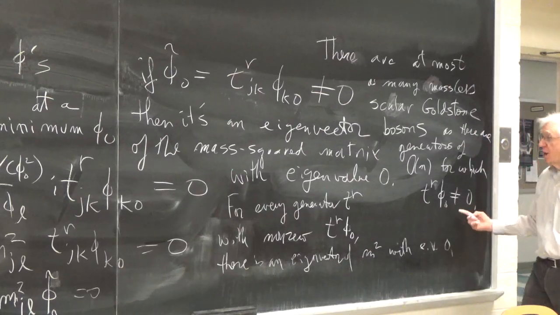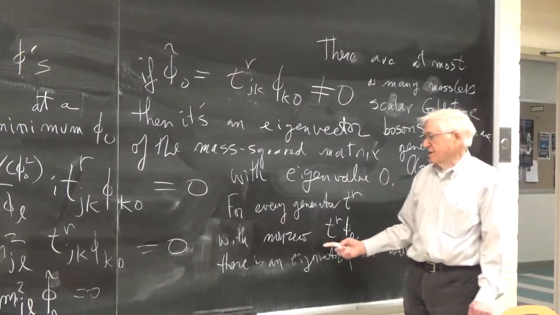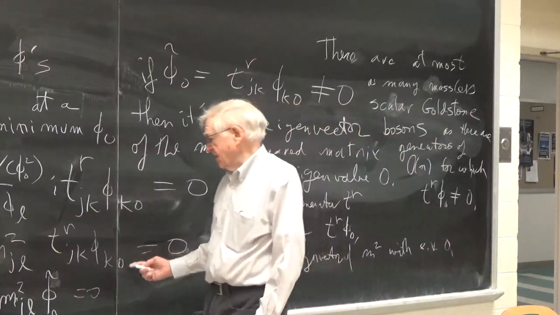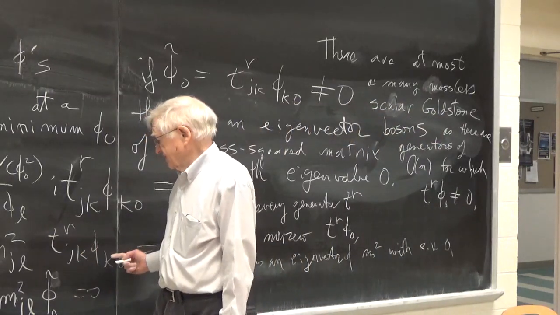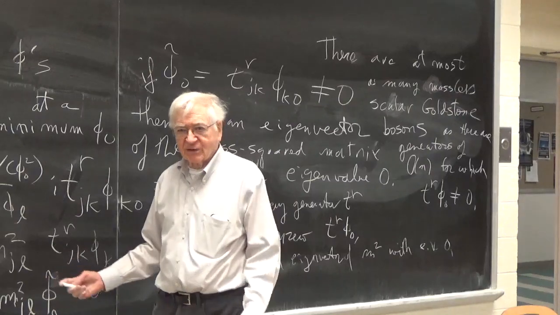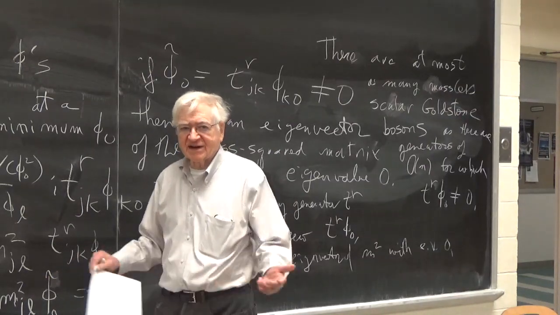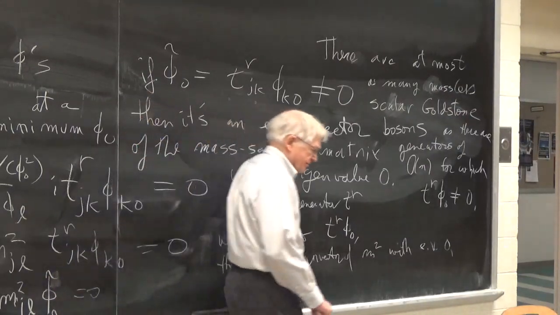You see, if T_R annihilates the vacuum vector, then this part is 0, and a vector that's 0 isn't an eigenvector. An eigenvector has to be a non-zero vector.